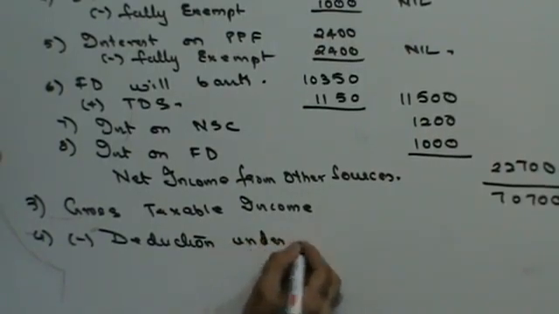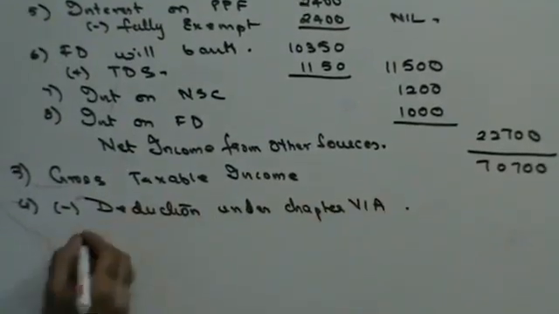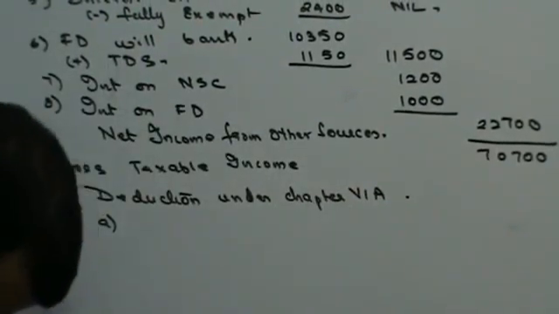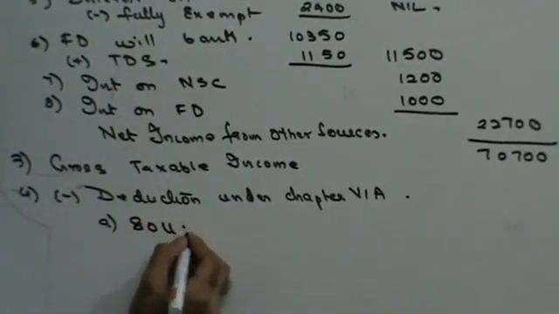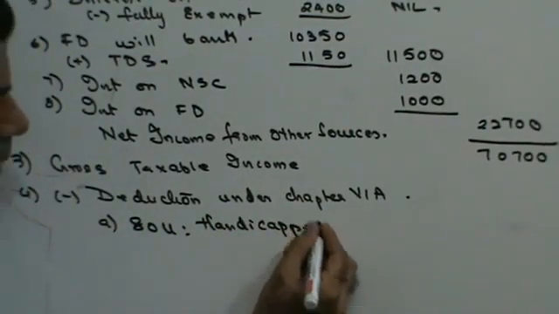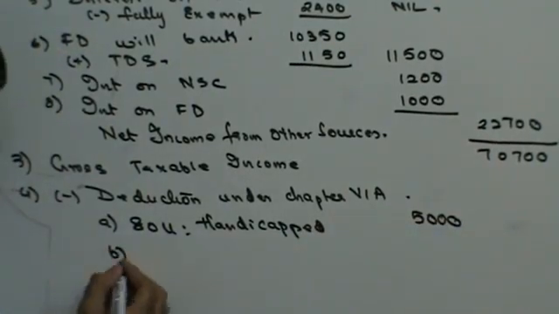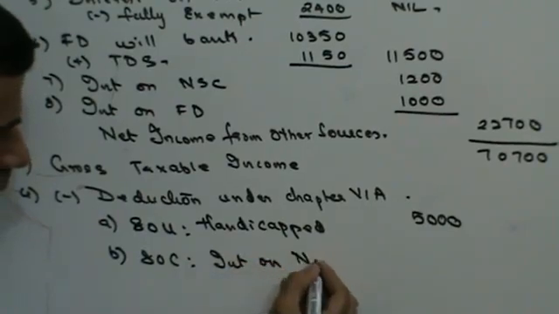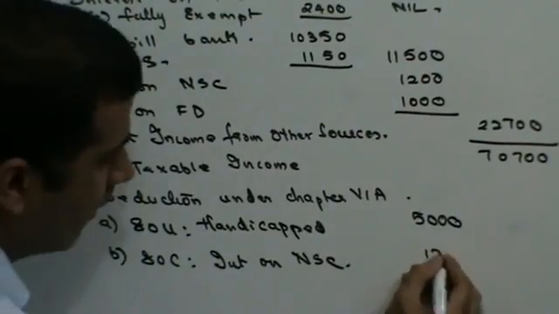Next, less deductions under chapter 6A. He is physically handicapped to the extent of 65%, so that's 80U, handicapped, 50,000. Besides that, you have 80C, interest on NSC, which he had got as 1200.